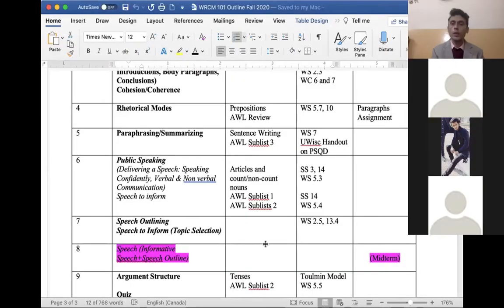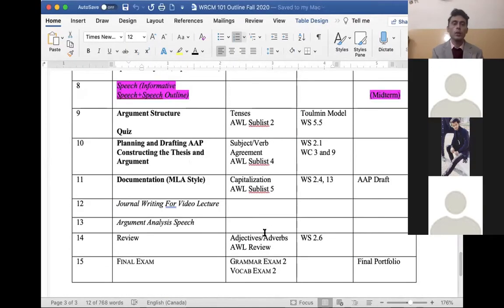Now I need to share my screen with you to explain it further. What does the assignment look like, and where is the assignment in the course outline? If you have looked at your course outline, on week 9, which I have just highlighted, argument structure, and on this side, Tolman model.